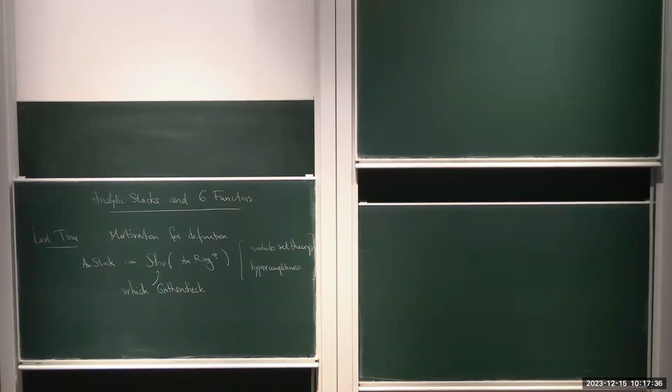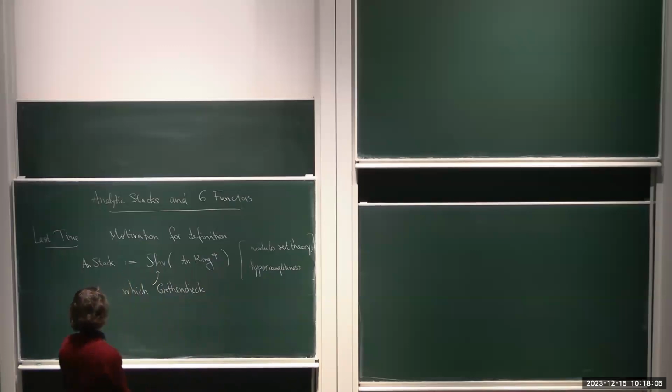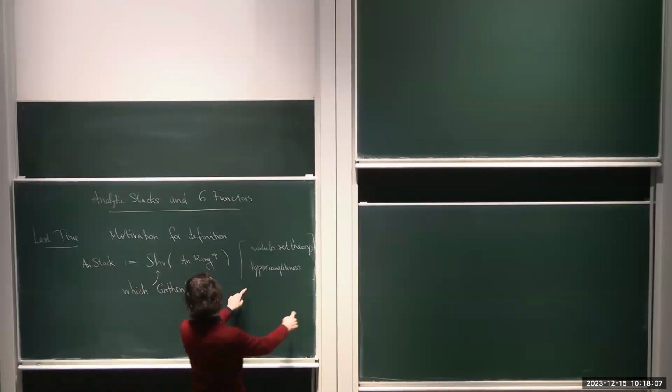Sorry. Yeah, so I said that I want to talk about analytic stacks and six functors, and that last time we saw some motivation that we should try maybe to define our category of geometric objects, these analytic stacks, by starting with the affine analytic spaces corresponding to analytic rings as basic building blocks, and then specifying some Grothendieck topology which tells us how we are allowed to glue them. In setting up the precise details of this, there are some set theoretic issues related to the fact that this is a large category, and also some consideration of small sheaves.